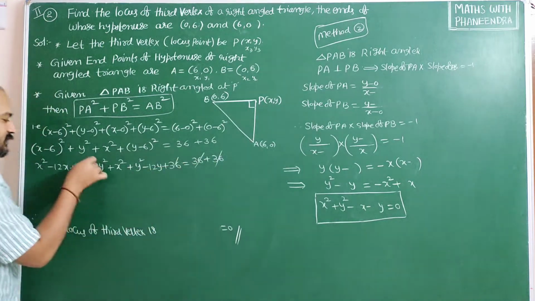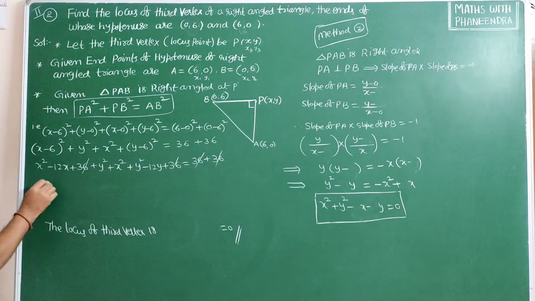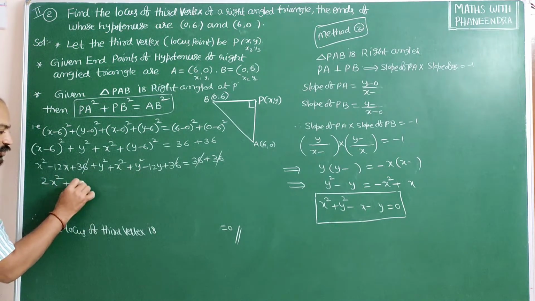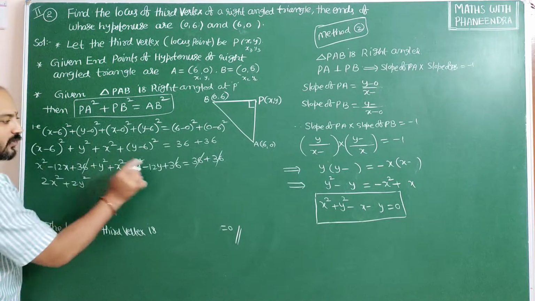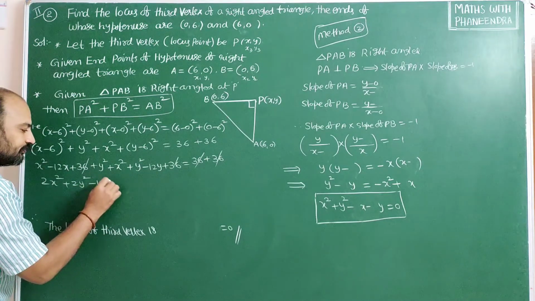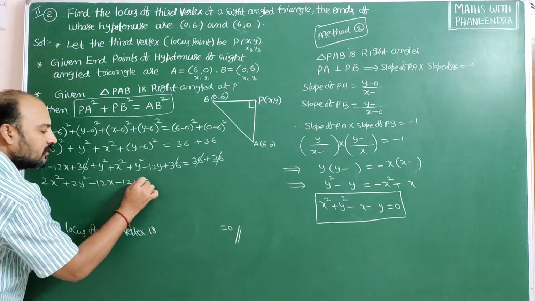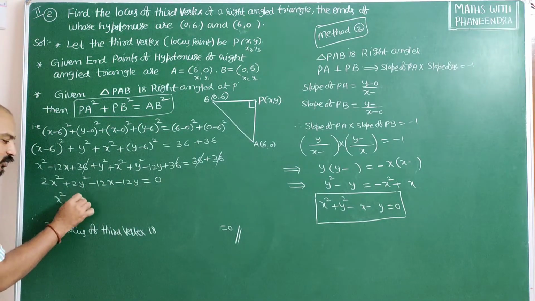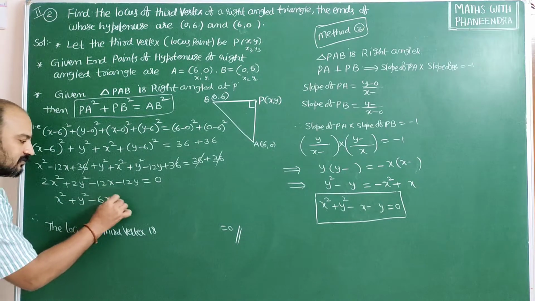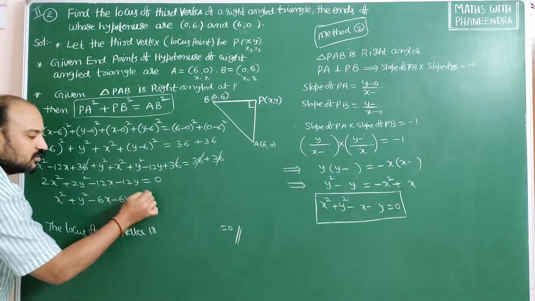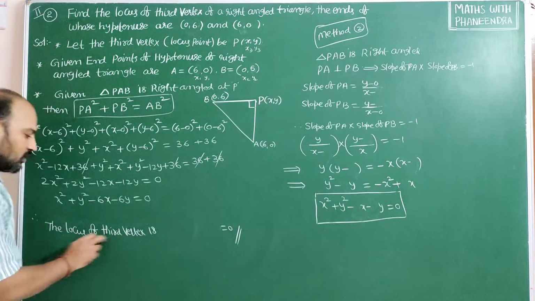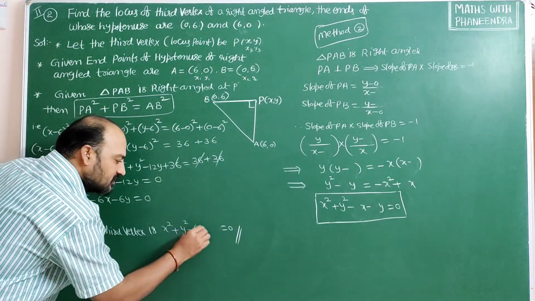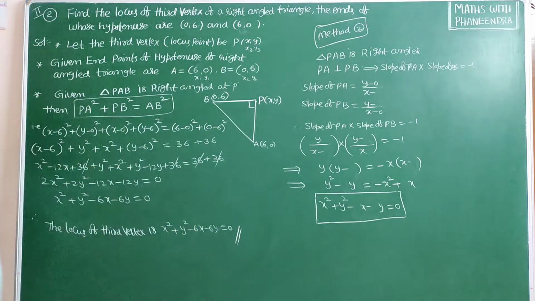Both sides 36, 36 get cancelled. x square plus x square, 2x square, y square plus y square, 2y square, minus 12x minus 12y. So dividing by 2, it becomes x square plus y square minus 6x minus 6y equal to 0, which is the required locus. The locus of third vertex is x square plus y square minus 6x minus 6y equal to 0.